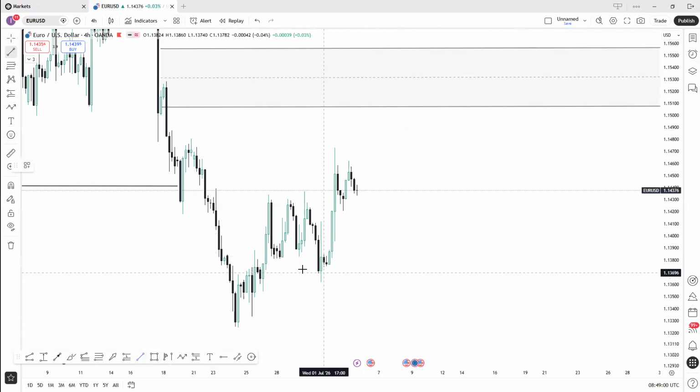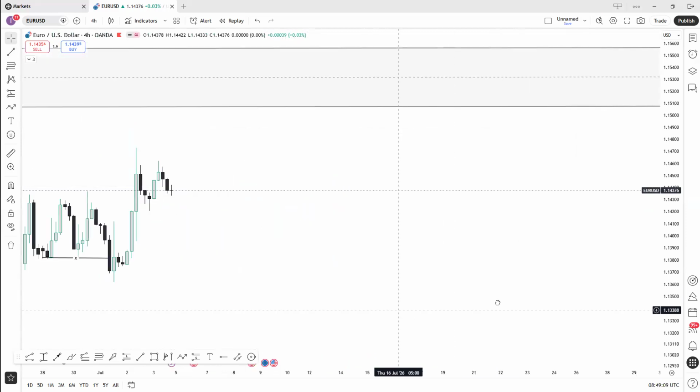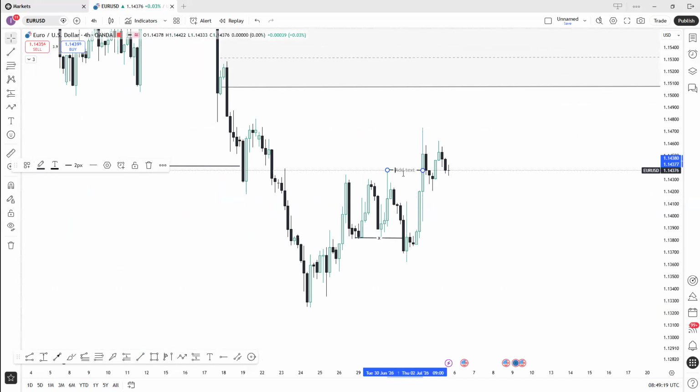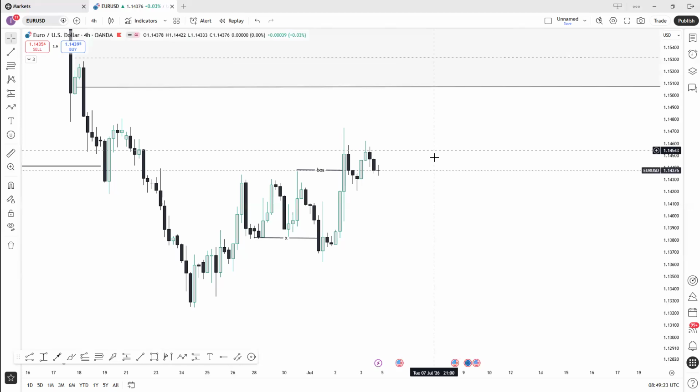On the 4H time frame, here you got a liquidity sweep. Let's take out that previous low. After the sweep, what next? You can see a break of structure. Break of structure means continuation. Here you have a clear break of structure.